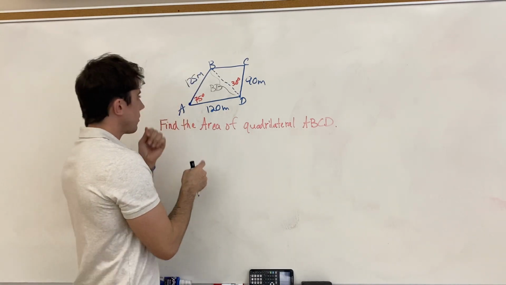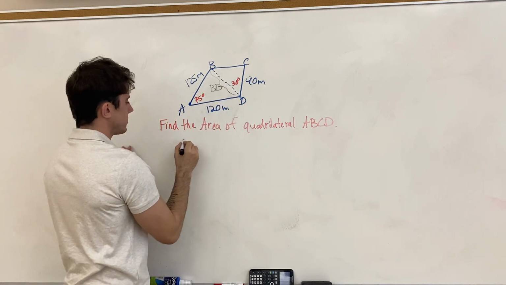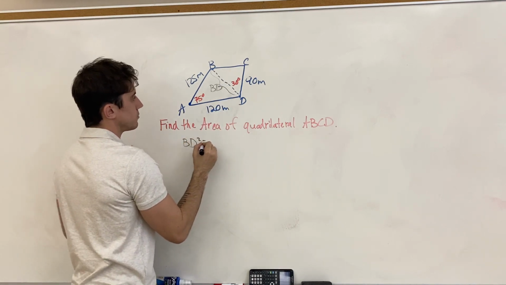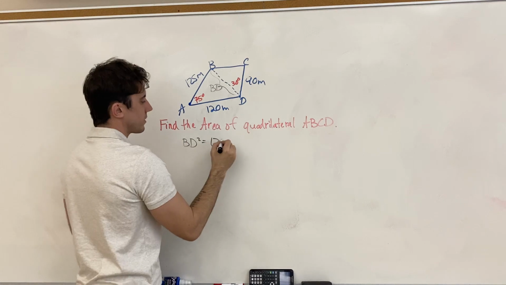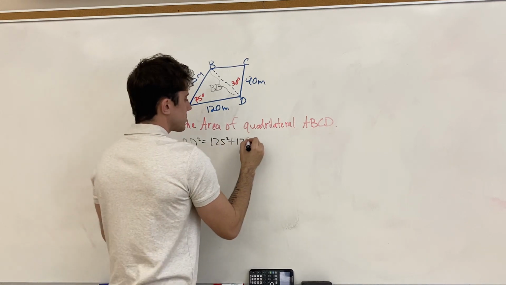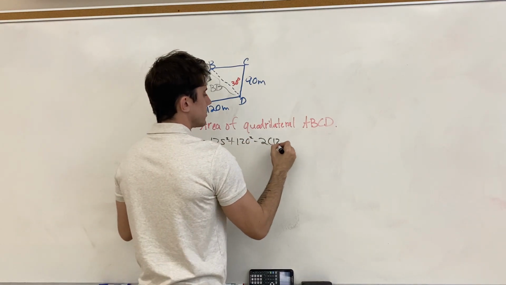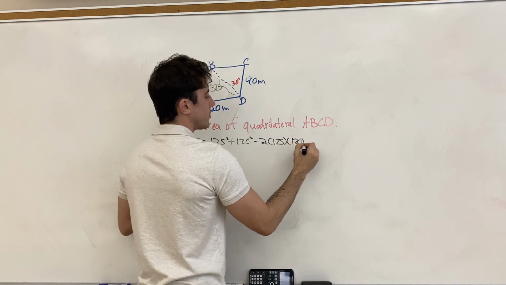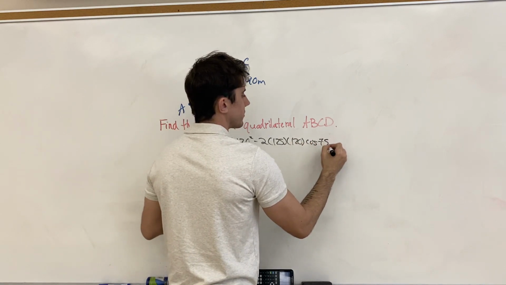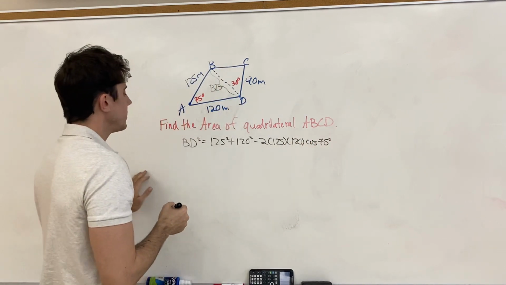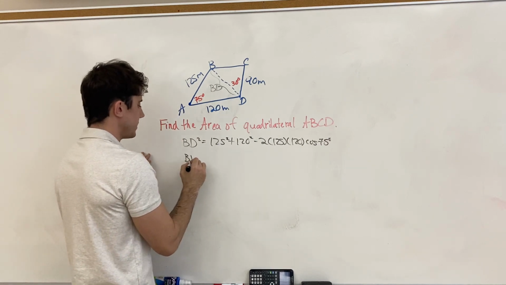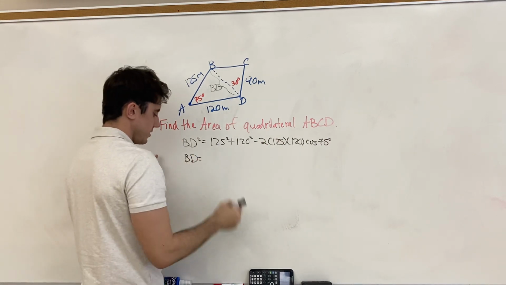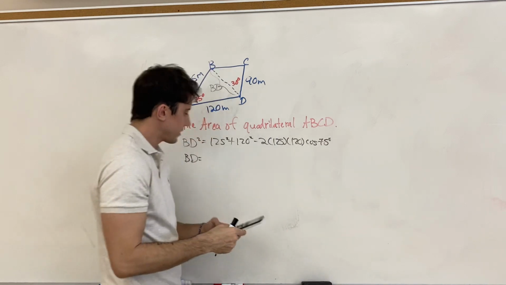Using cosine law, we can say that BD squared is equal to 125 squared plus 120 squared minus 2 times 125 times 120 times the cosine of 75 degrees. Our basic cosine law. And then, of course, that means that BD is equal to the square root of all that, and I'll let you do that on your own calculator.